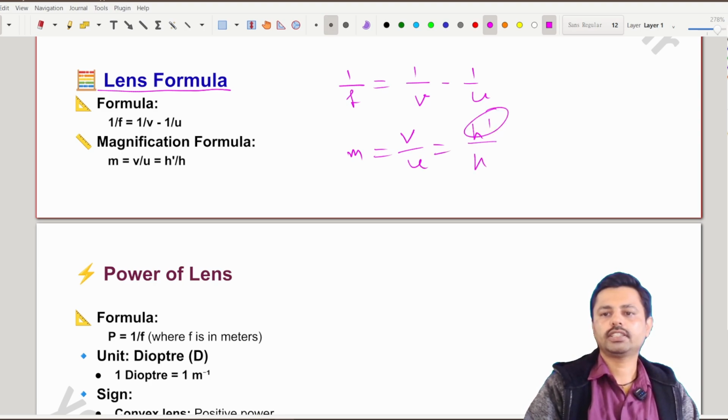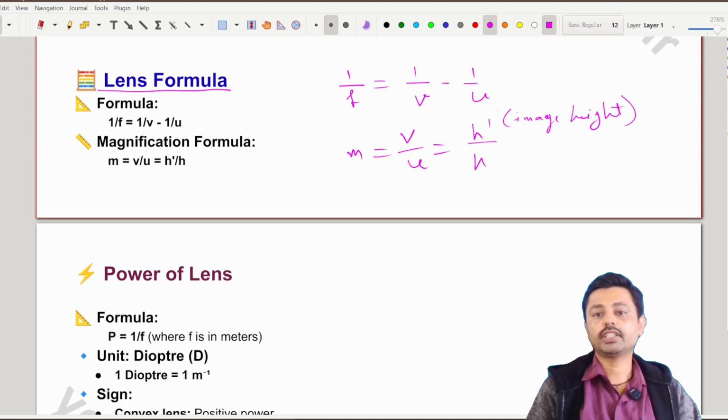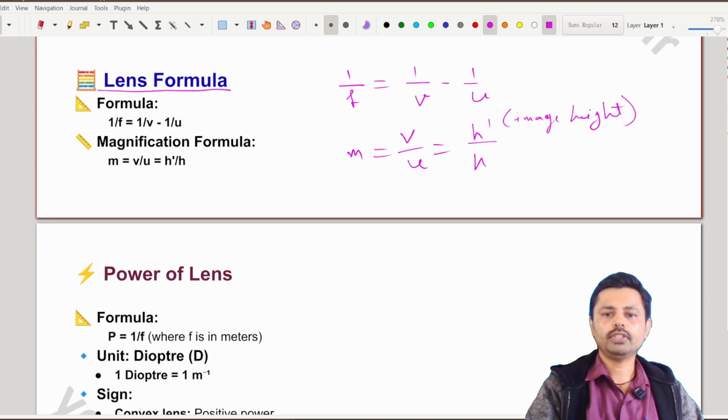This h dash is for image height. So it's not hard, but yes, you must practice, then only you'll get it. One more thing, observe, in the magnification formula for lens there is no negative sign, whereas in the focal length formula 1 by f equal to 1 by v minus 1 by u, there is a negative sign.